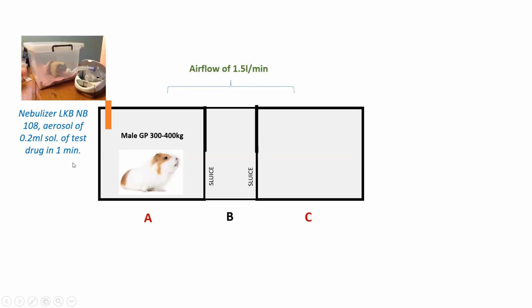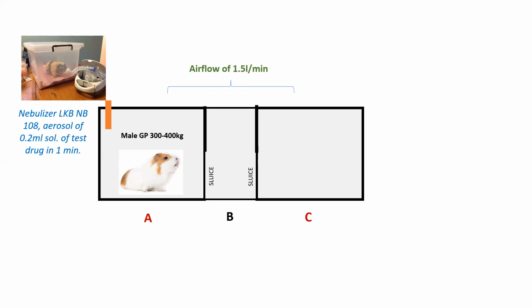So if you have the test drug, a standard drug or an unknown drug, you can insert that drug in chamber A via the nebulizer so that the animal will be exposed to your test drug initially.